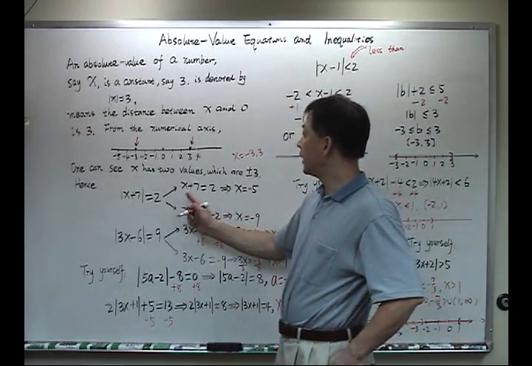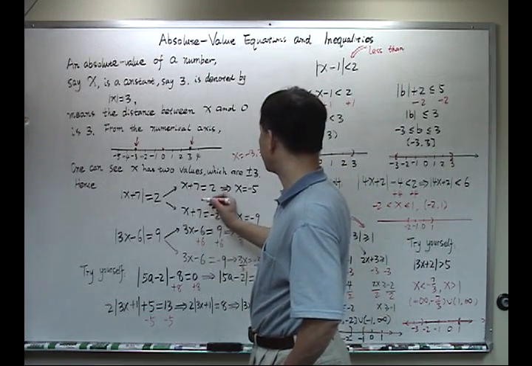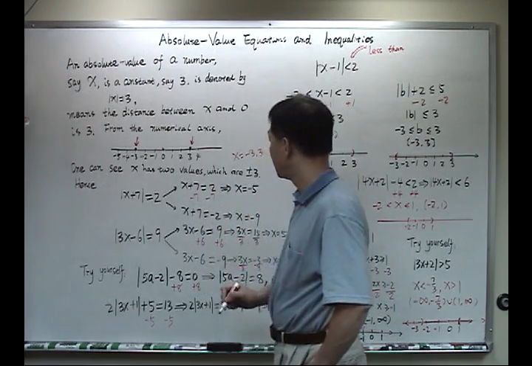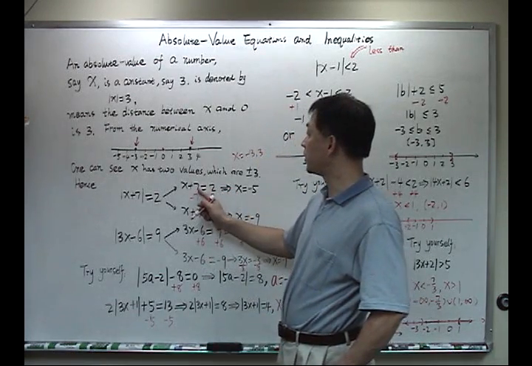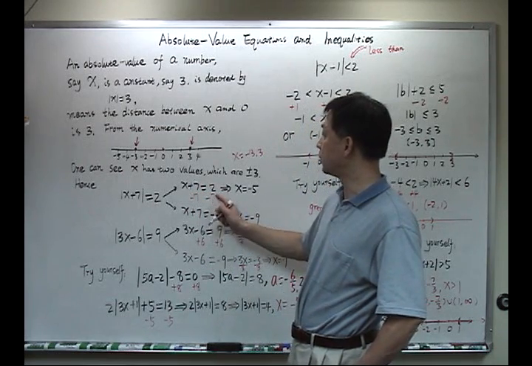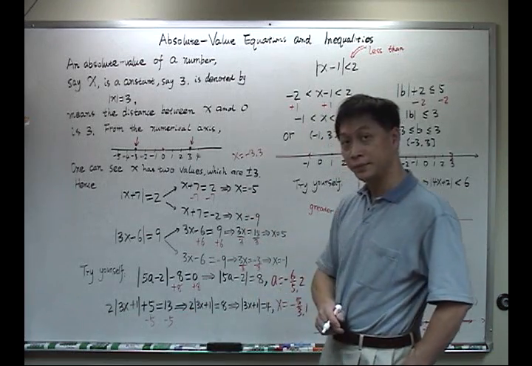The first one: x plus 7 is positive 2. Subtract 7 from both sides, the 7s cancel, so you have x equals 2 minus 7, which is negative 5.